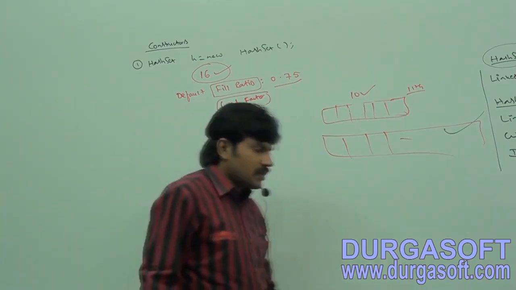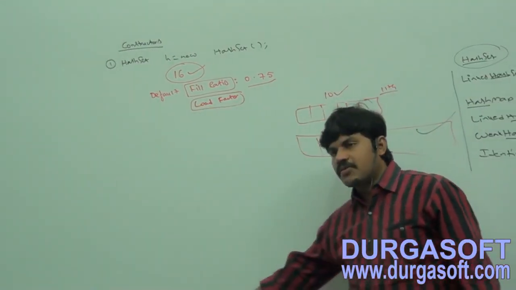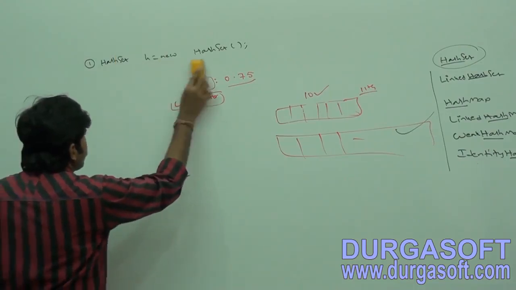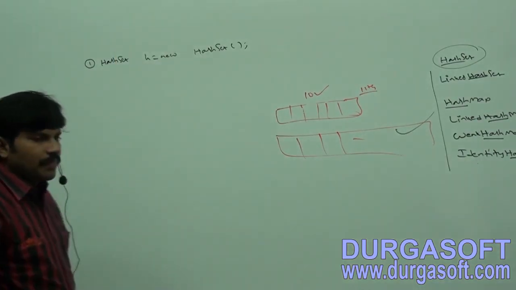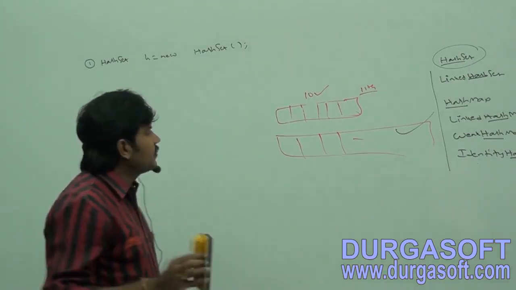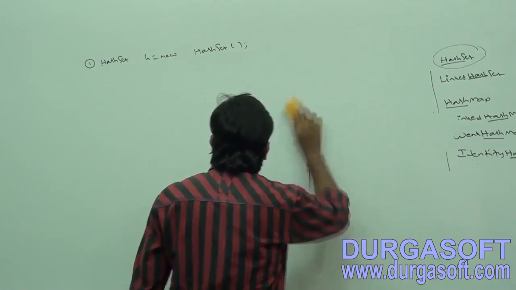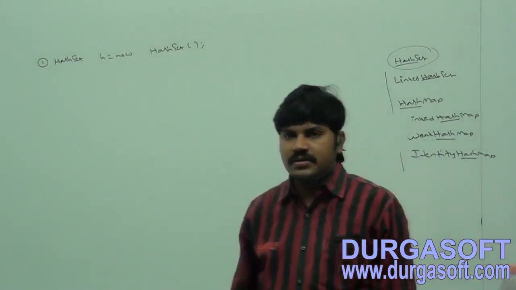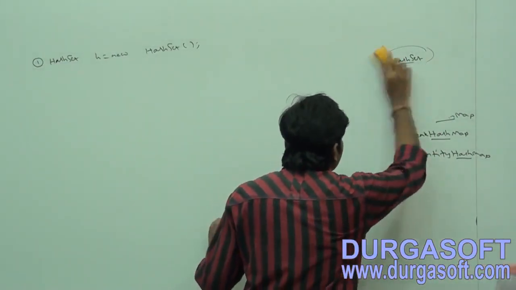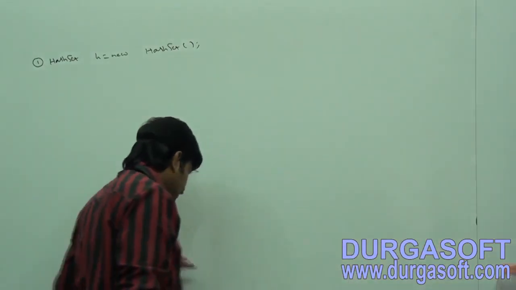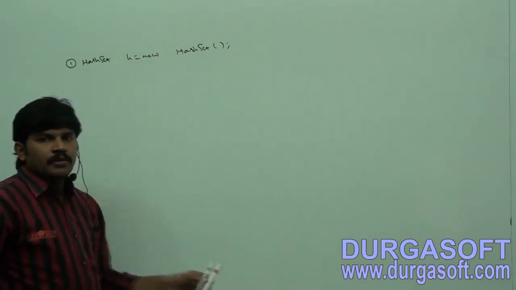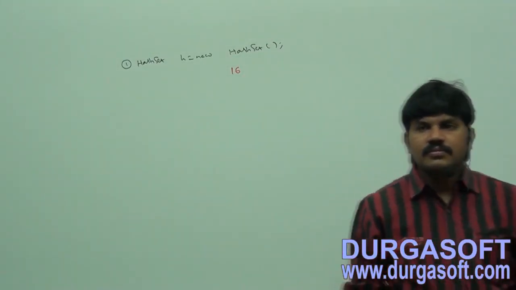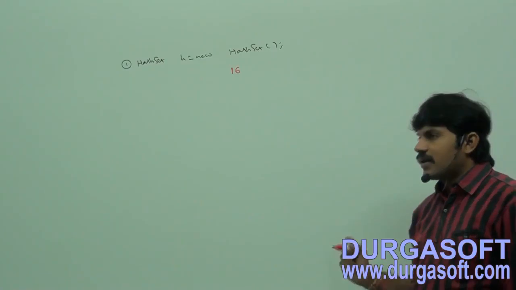First constructor: HashSet h = new HashSet(); creates an empty HashSet object with the default initial capacity 16 and the default fill ratio.